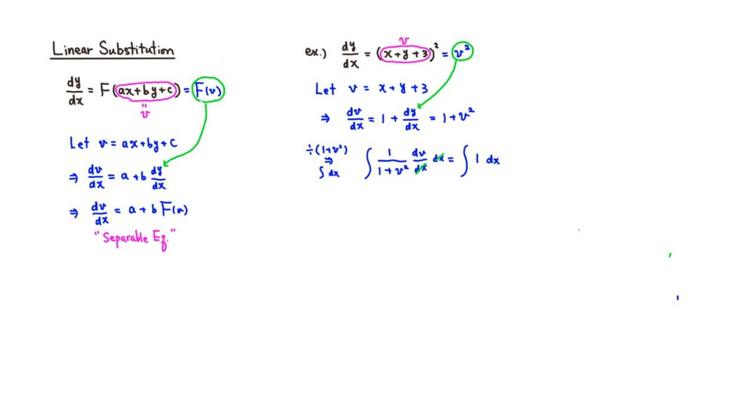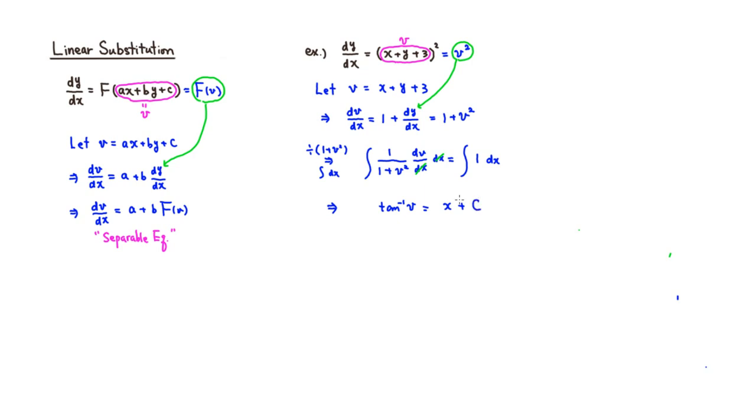And luckily we can find the antiderivative of 1 over 1 plus v squared with respect to v. That's arctangent, right? So you have arctangent of v is equal to the antiderivative of 1 with respect to x, which would be just x, and then we have plus some constant c.